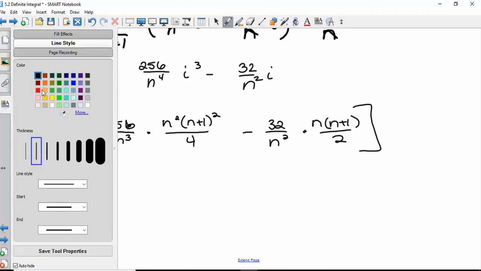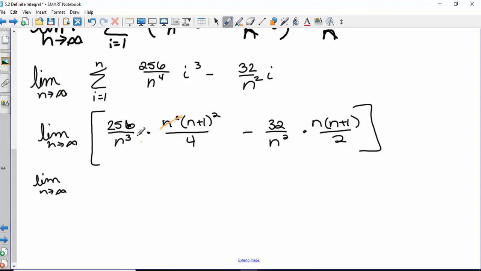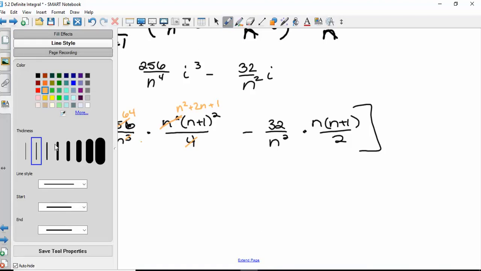So we need to clean this up as much as possible. I could cancel this n squared. N plus 1 squared would turn into n squared plus 2n plus 1, right? 256 over 4 gives me a 64.